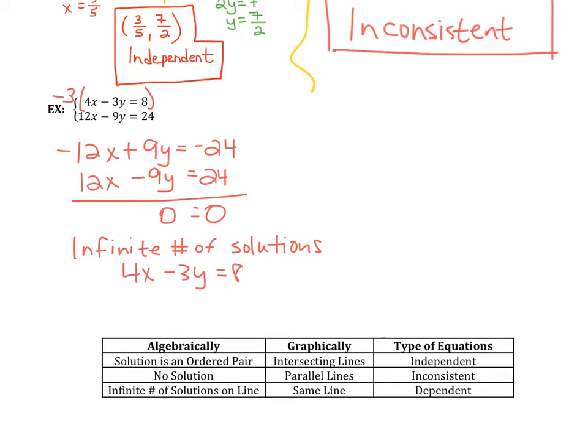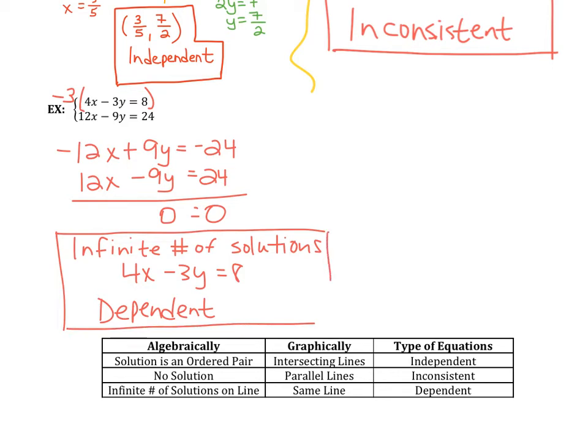All right, as far as classifying the type of equations that are in that system, in this scenario, we're going to have that these are dependent equations in this type of system. So once again, we solve it first, and then we classify what type of equations are in that system.